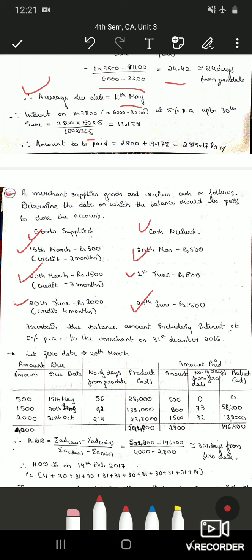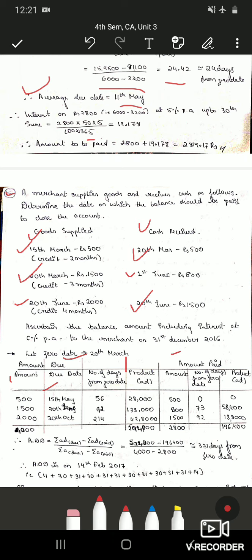So first let us assume 20th March to be the 0 date. Again, goods supplied is the amount due, and cash received is the amount paid. We'll make two columns and write the amounts first. What will be the due date for 15th March with 2 months credit? It will be in May, that is March, April and May, so 15th May.